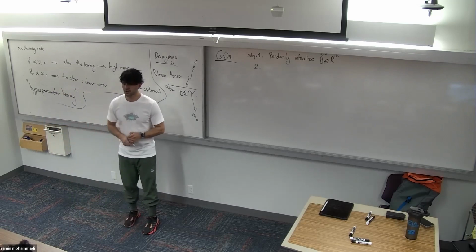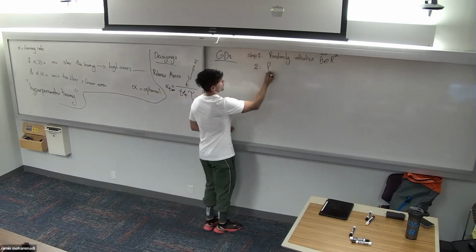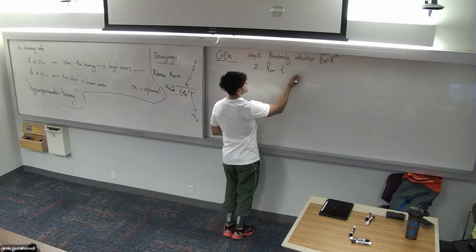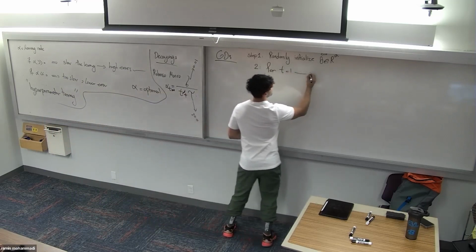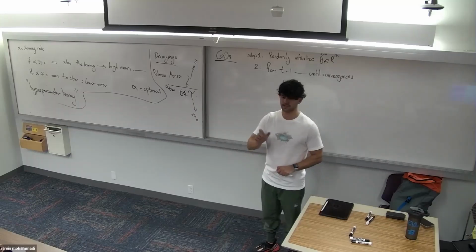You will always write for t from 1 until convergence. We're going to talk about convergence. Convergence is a condition that we are going to define. We're going to say that my goal is to reach a derivative of 0.